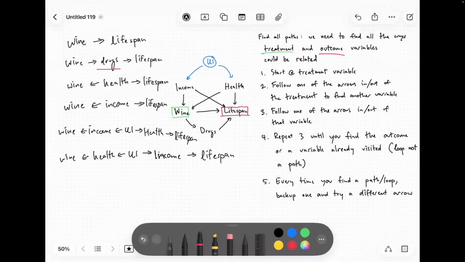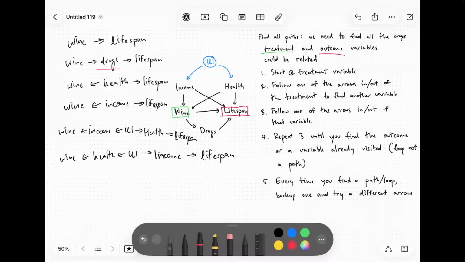So instead, let's say we control for drugs in some way. Putting aside how we actually do it, let's control for drugs in some way, and now I go back to that story. Well, now I've controlled for those drugs that was maybe explaining that change in lifespan, and now I can say the amount of wine that I'm drinking is affecting my lifespan.